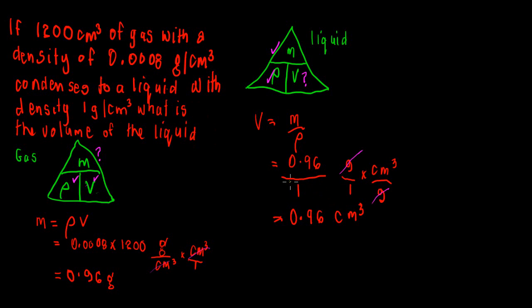Because that's over grams per cubic centimetre, it will in fact reverse, so when we flip it around the other way, the grams cancel, and we get 0.96 cubic centimetres. It was on the bottom, so when we just change it to the reciprocal, we multiply up to the top, just to reinforce what's happening there.